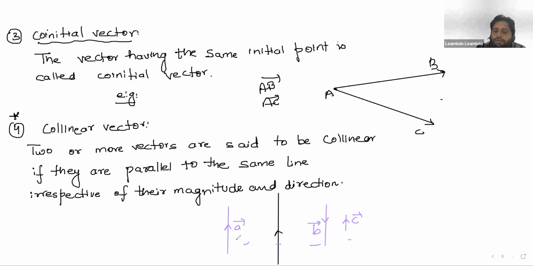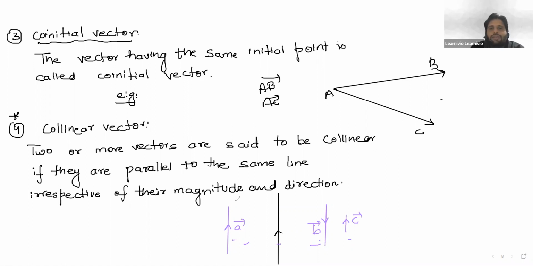A and B directions are opposite, B and C directions are opposite, and their magnitudes are also different. That doesn't matter. If they are parallel to the same line, then we will say that they are collinear, irrespective of their magnitude and direction.